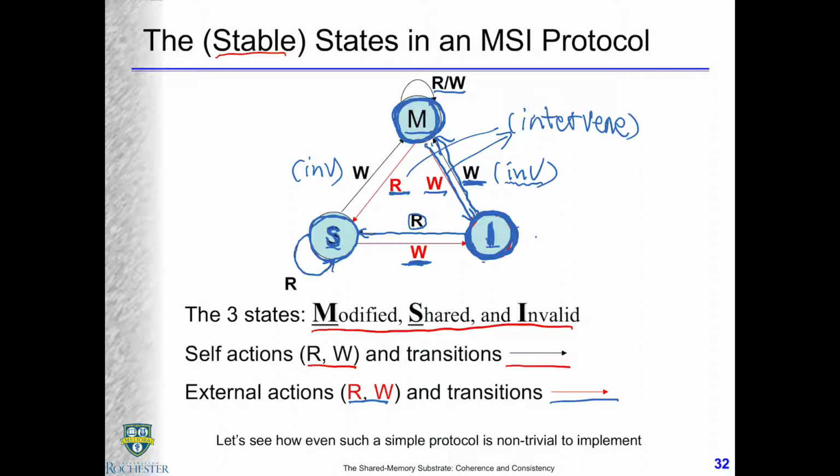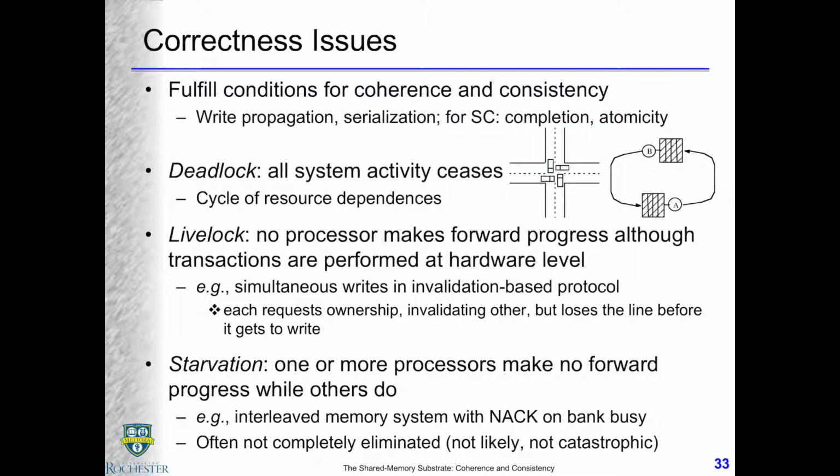There are always complications and optimizations, and the first thing to think about to get this right is that you need to maintain correctness. So what are the correctness considerations? You should maintain a habit of thinking about these. First, you have to fulfill the condition for coherence. Remember, coherence involves write propagation and write serialization, and if you have a consistency model, you need to fulfill that.